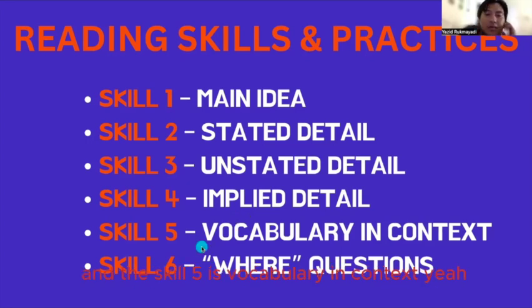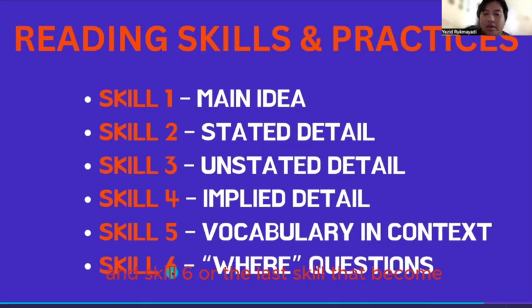And skill five is vocabulary in context. You know that the reading purpose is to give us many new vocabularies. And skill six, the last skill that becomes our focus, is where questions.